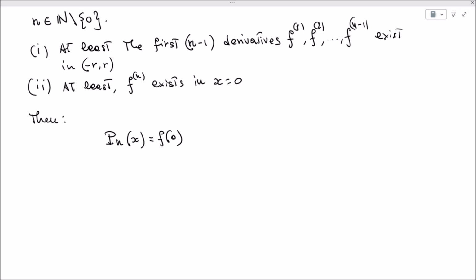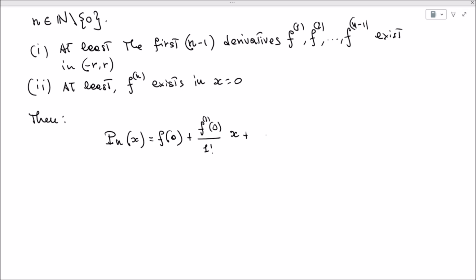So this is the first term of degree 0. And the term of degree 1, what is the coefficient of the term with exponent 1? Well, this would be the first derivative evaluated at the origin divided by 1 factorial.